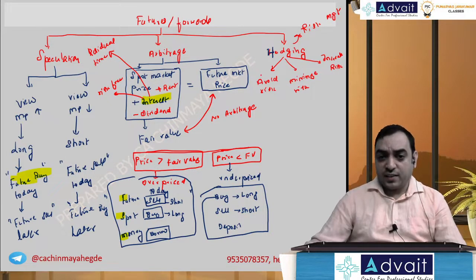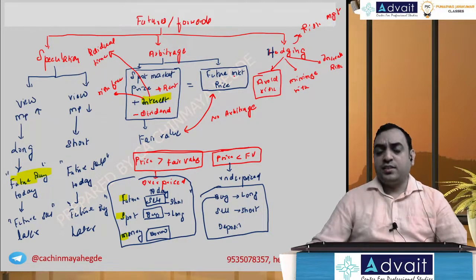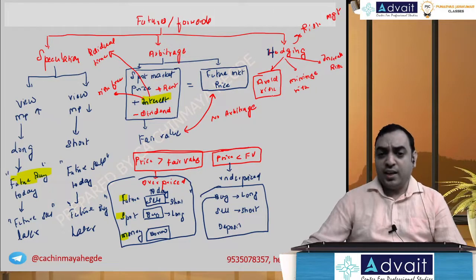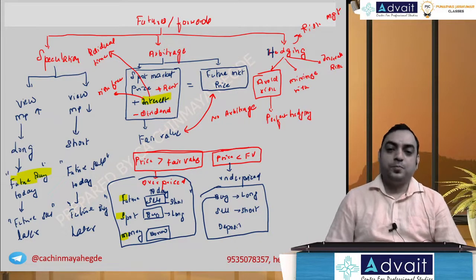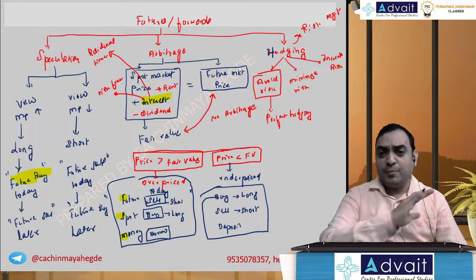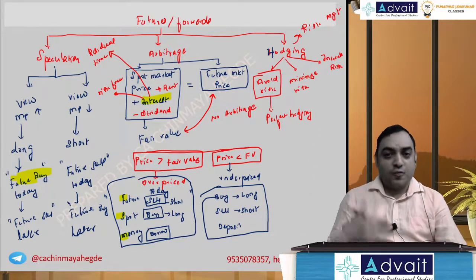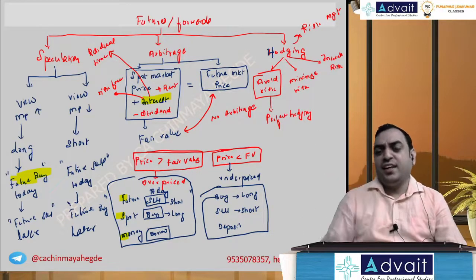But avoiding risk is theoretical in nature, may not be practical, but it's called perfect hedging. So if they tell you perfect hedging, that means I am making zero risk. Of course, it's not practical, but theoretically, at least we will discuss.